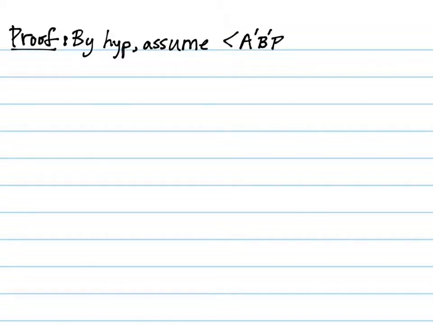So we're going to start with the hypothesis that we have these angles being congruent. So by hypothesis, assume angle A prime B prime B is congruent to angle C B B prime.